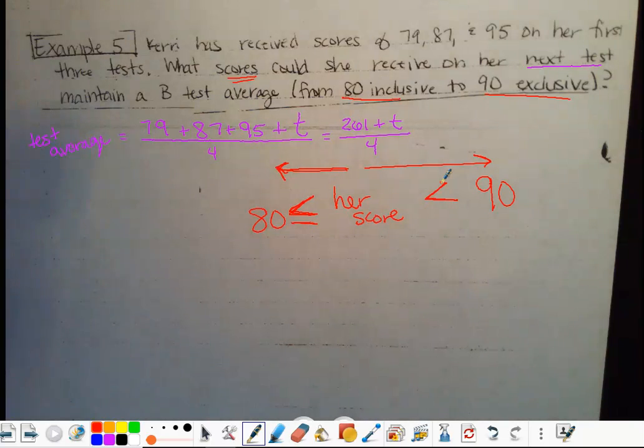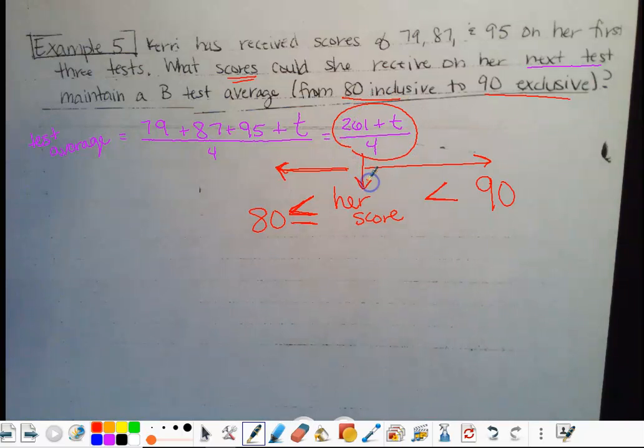If she got higher than that, she would get in the A range, but we want to keep her in that B range. Her score is this number, so we need to insert that right there. So our inequality would be 80 is less than or equal to 261 plus T divided by 4, less than 90.